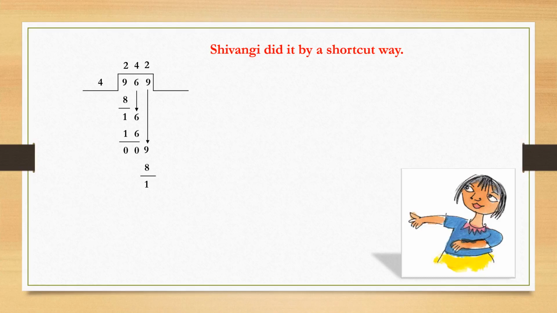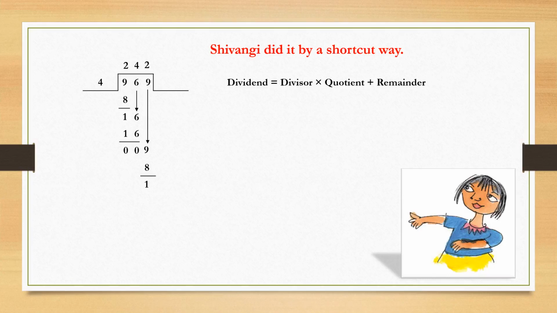her answer. So she used the method: dividend equals divisor multiplied by quotient plus remainder. Okay, we also know this formula, and she is using this to find out the answer. She is multiplying the divisor with the quotient first, and then whatever her answer is, she is adding the remainder to it.